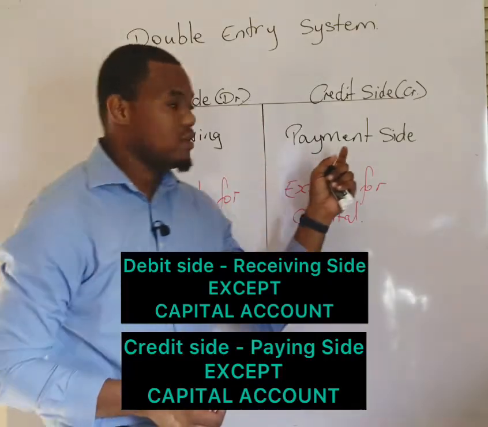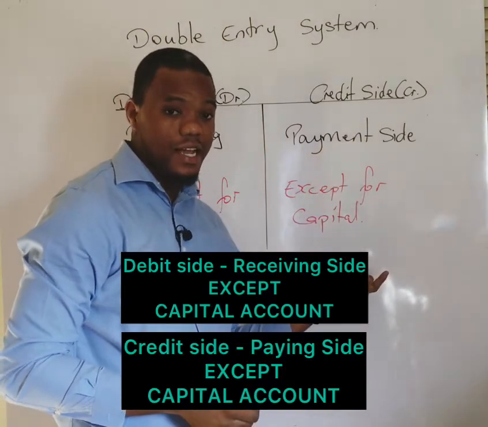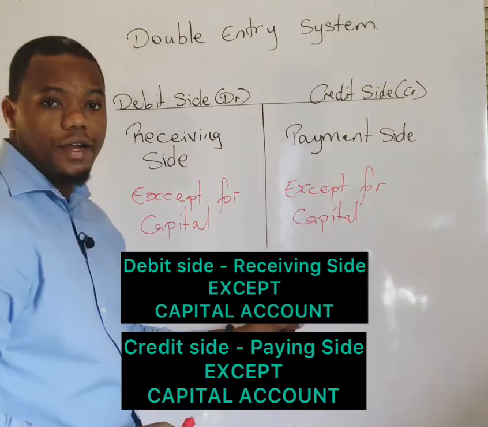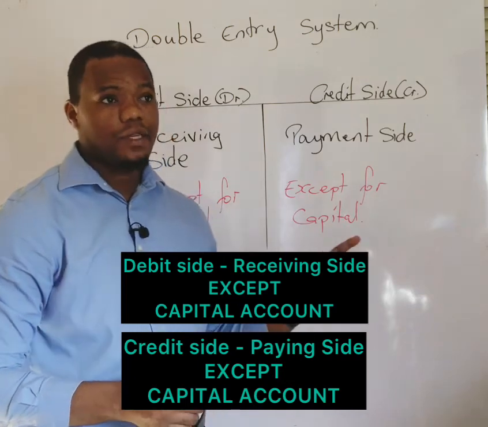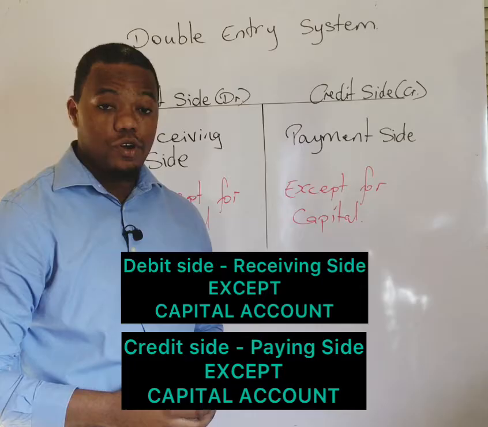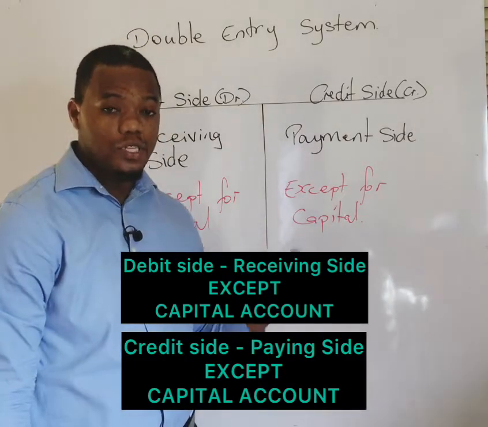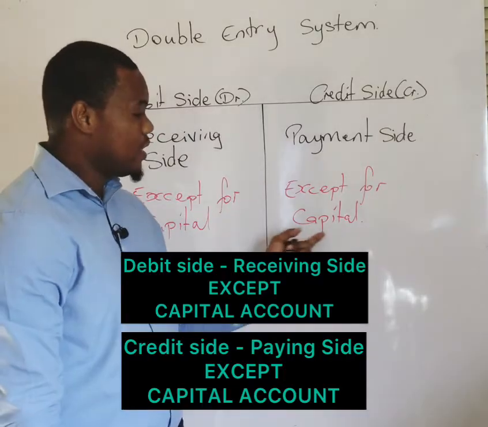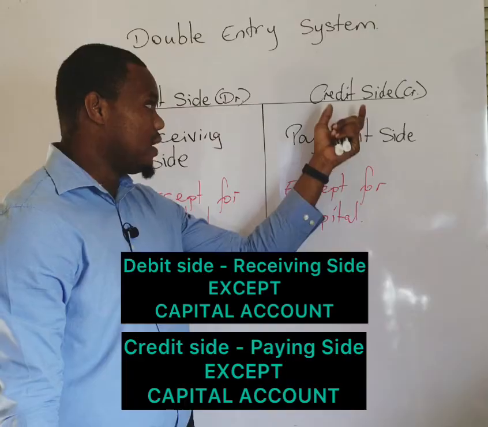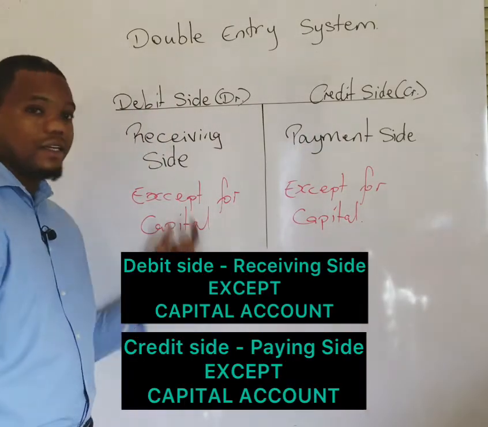When the account is making a payment, we would put the information on the credit side. Except for the capital account, which is a special type of account that we are going to be looking at in more detail. As a matter of fact, for the capital account, it is the opposite of this rule. When the capital account is receiving, we would make a credit entry, and when the capital account is paying, we would make a debit entry.